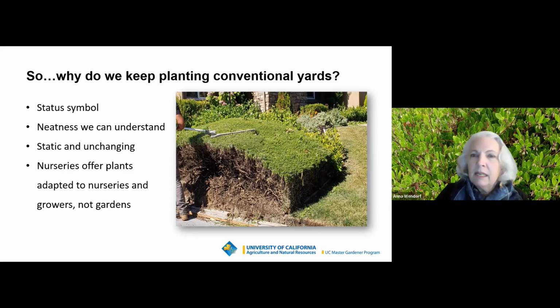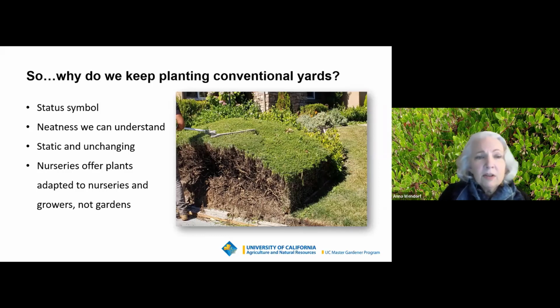It's a neatness that we can understand. People go, this yard is part of our community. It's a unifying factor. This is a paradigm that we can wrap our minds around. It's static and unchanging, which makes it a little bit simpler to understand.